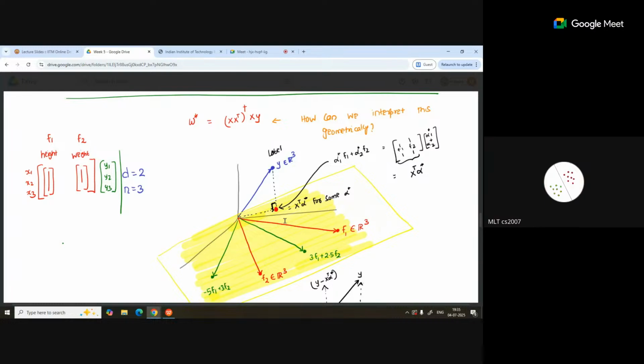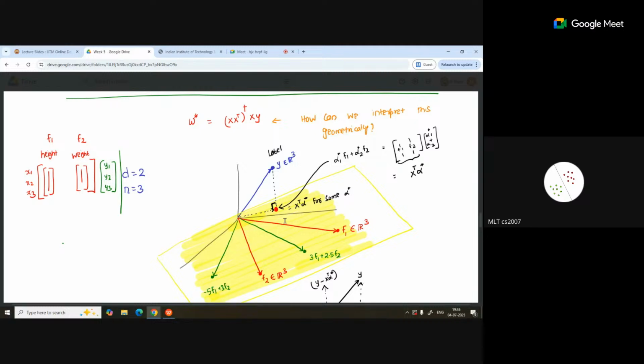If you wanted to find a prediction, that prediction should be in the feature space, the span of the features or span of the data points. Being in the feature space means a linear combination of all the data points. But don't worry about the prediction yet.